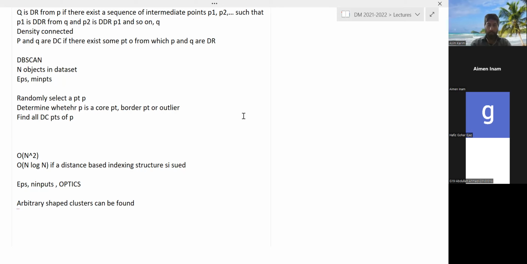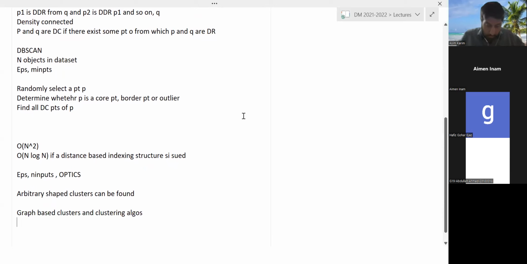So now let's move on to graph-based clusters and, of course, clustering algorithms. Okay. So first of all, just like we did for density-based clusters, graph-based clusters are defined by some concept from graph theory.